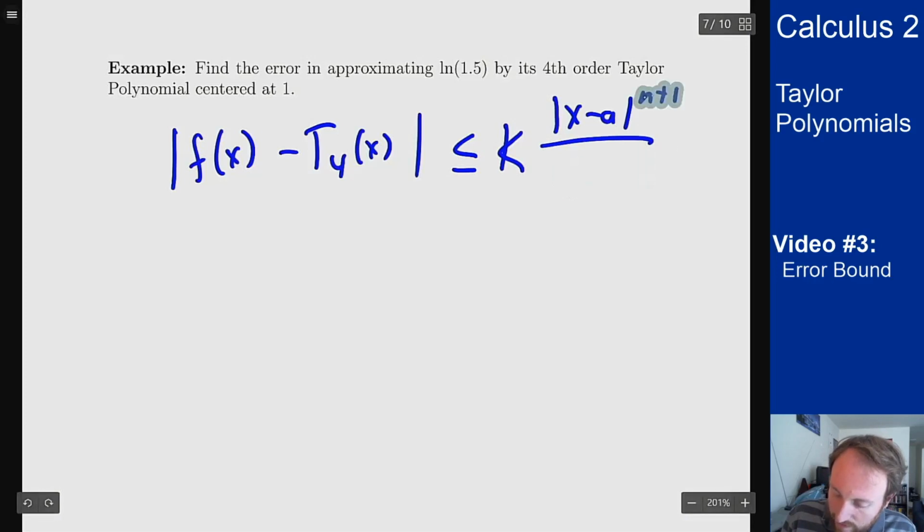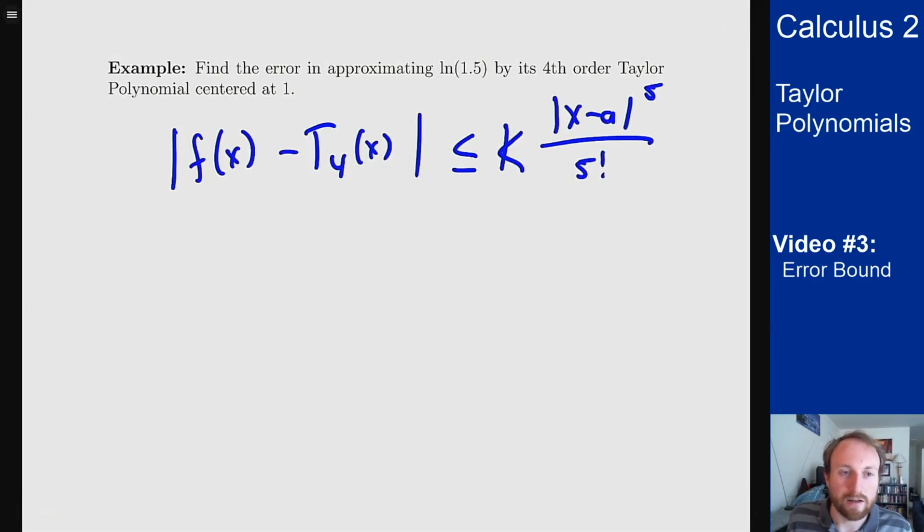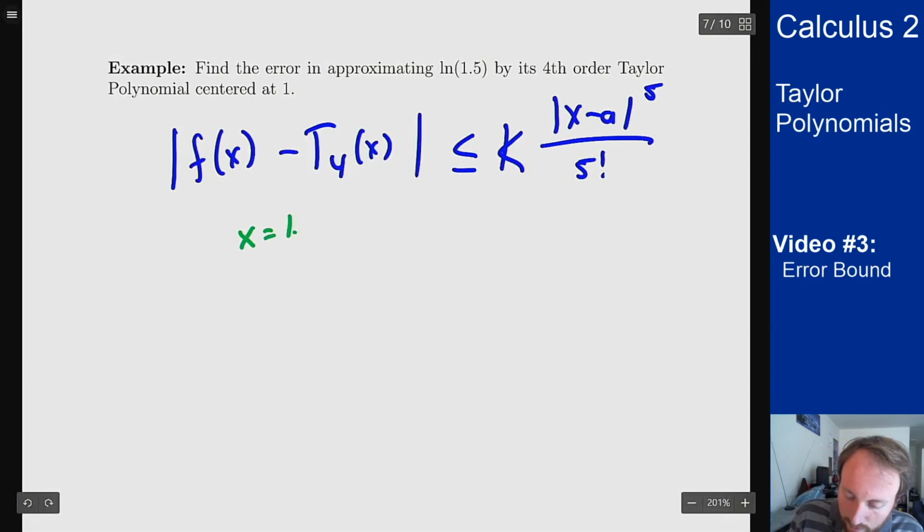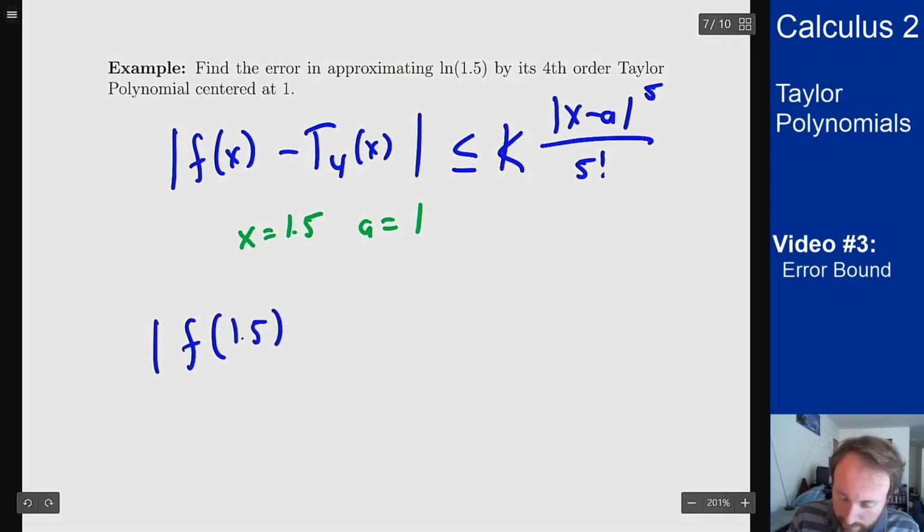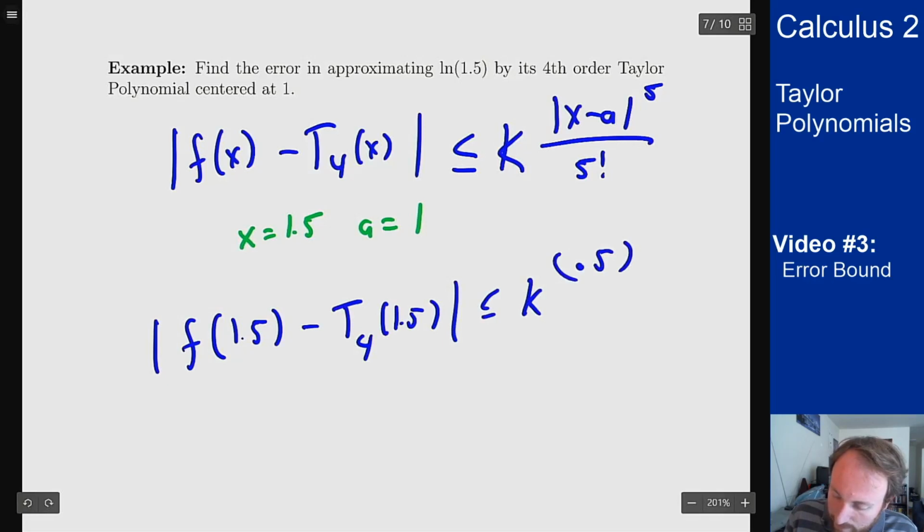So this will be to the 5th over 5 factorial. And we want the error in log of 1.5. So we'll have x being 1.5 and a being 1. The error bound will tell us that f of 1.5, which will be log of 1.5, minus that polynomial at 1.5, is bounded by k times 0.5 to the 5th over 5 factorial.